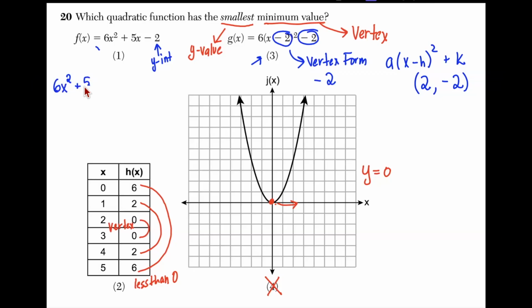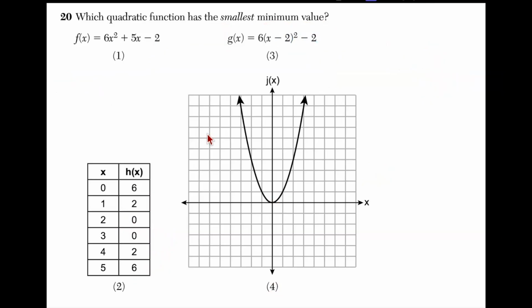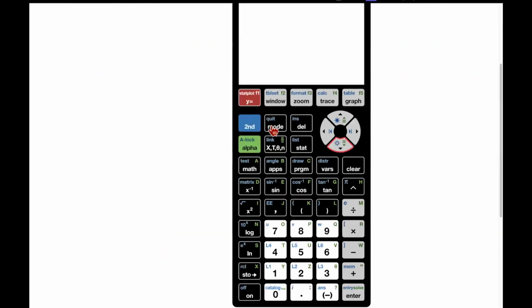So 6x squared plus 5x minus 2. Okay, I'm going to graph that. Take a look at the graph. Identify the vertex. It's hard to tell here.